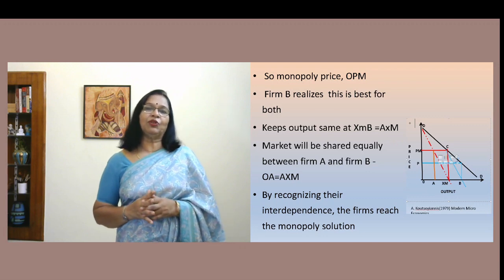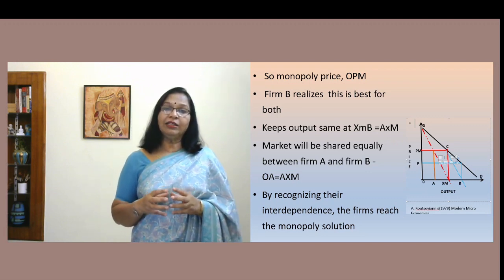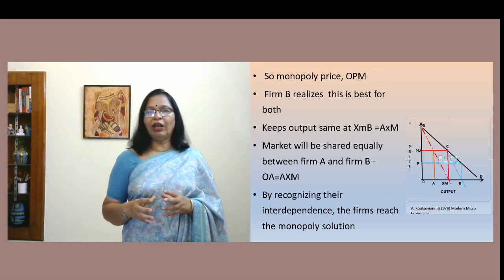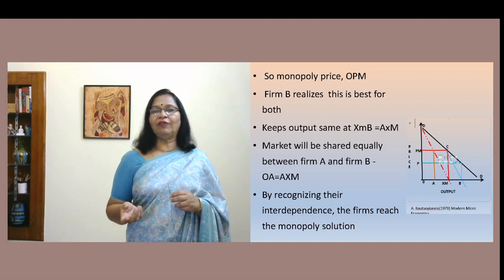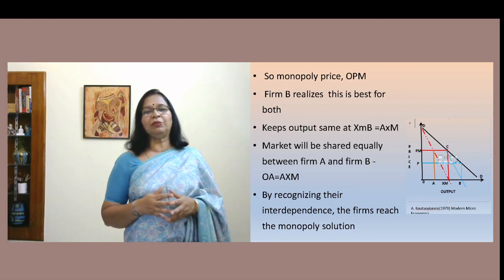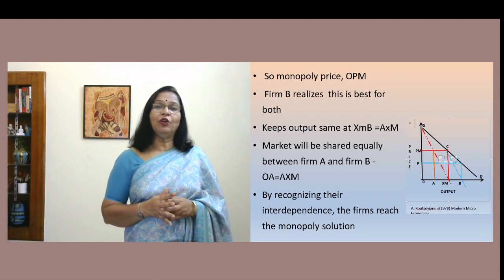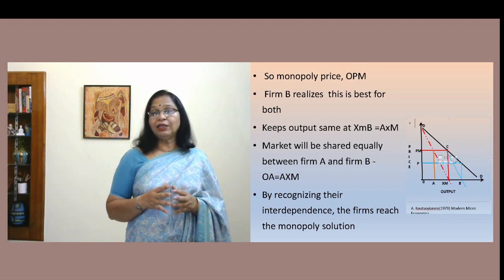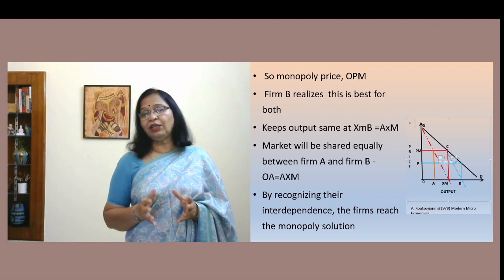This is what Chamberlain was trying to explain, that when firms are intelligent enough to understand the actions of rival firms and take their action based on the action of the rival firm, then it is possible that firms will reach a stable equilibrium. It also means that firm B here realizes that it is better for firm B not to increase the output, though it can increase the output.